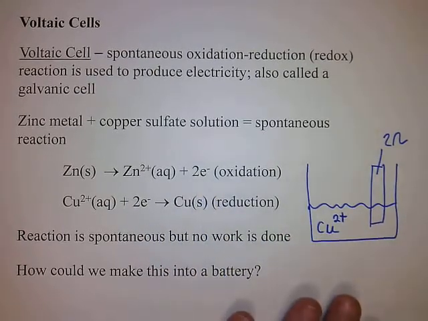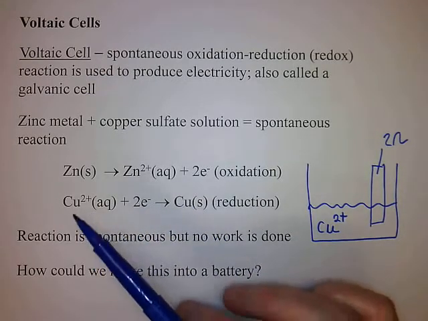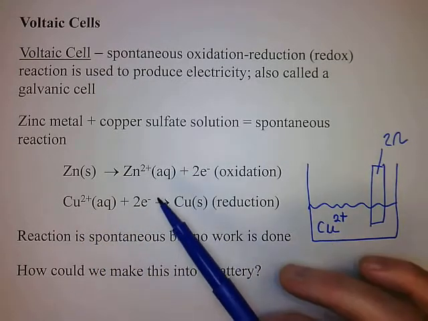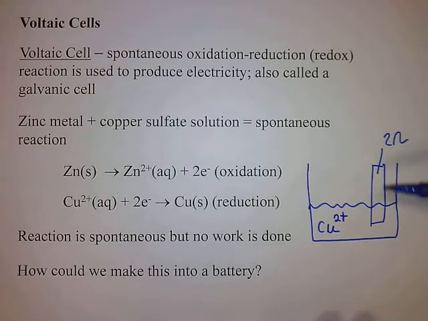That's loss of electrons. And then the copper ion in solution is going to pick up those electrons and get reduced down to copper metal. So zinc is itself kind of silvery like aluminum. So if you pull the zinc strip out, after a while you're going to see that it's become coated with the copper metal.